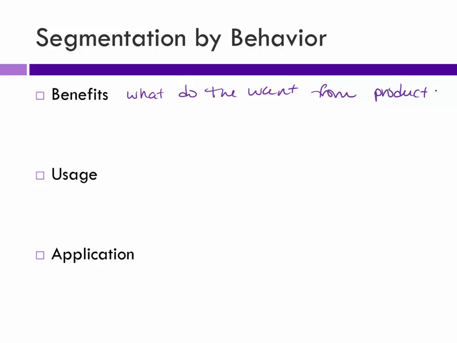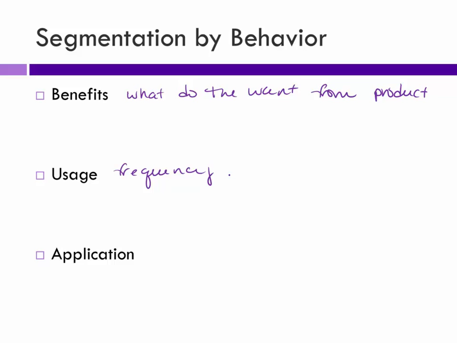Usage could be frequency. For instance, breakfast cereal, we kind of see this. Families with kids tend to eat a lot of cereal. Another good example, this is kind of timely: Marshmallow Peeps used to be just Easter.